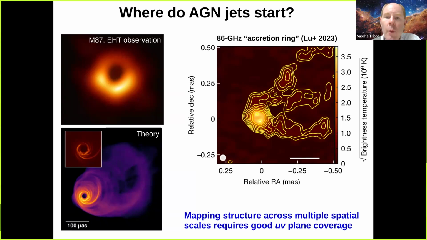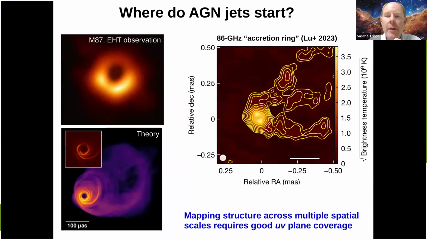But we do see the outflow starting from the environment of the black hole. So we know the jet is really going all the way to the immediate environment of the black hole, within tens of Schwarzschild radii. But we could not see this in the Event Horizon Telescope or similar observations. Well, probably because of spatial filtering.